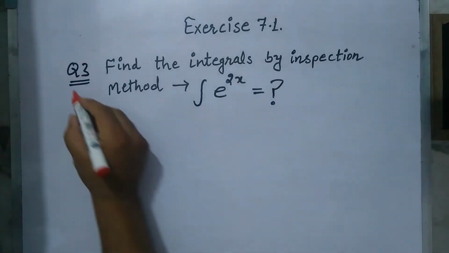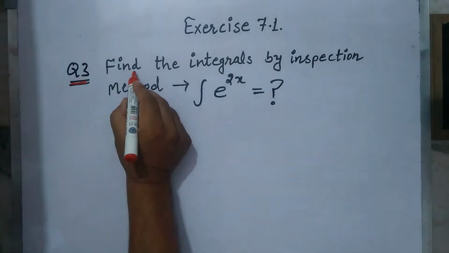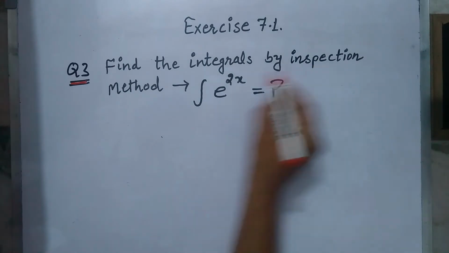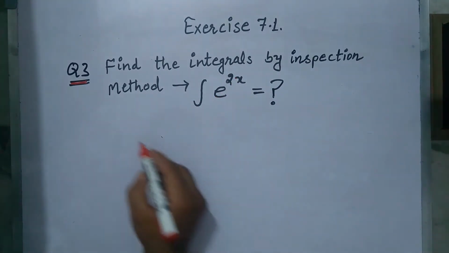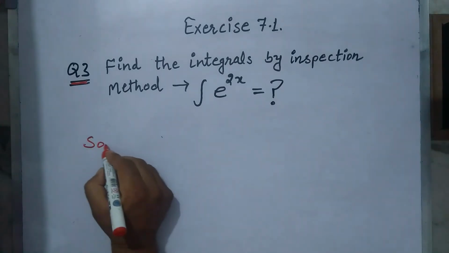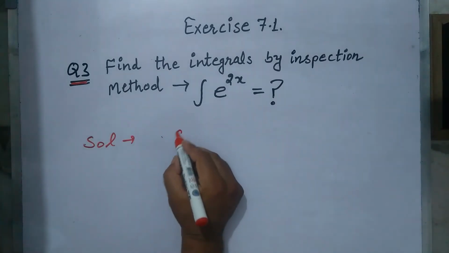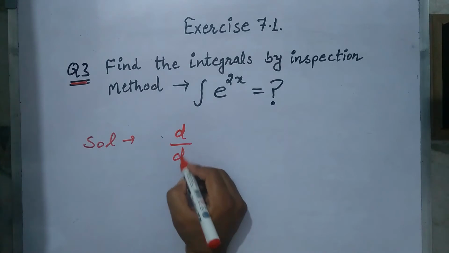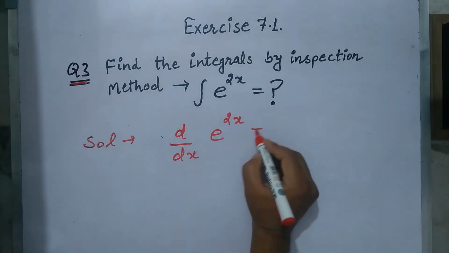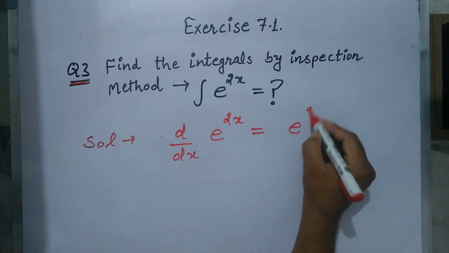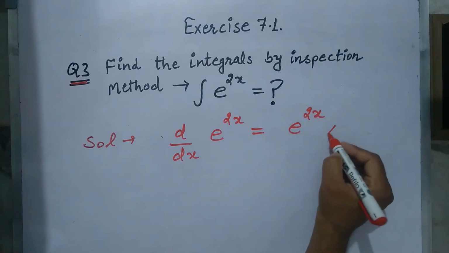Now we have question number 3, find the integrals by inspection method e raised to power 2x. So here, first of all, we know that derivative of e raised to power 2x is equal to e raised to power 2x into 2.